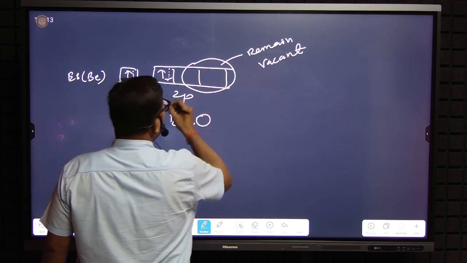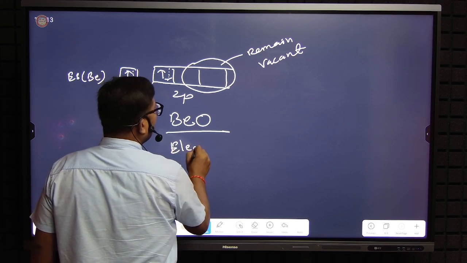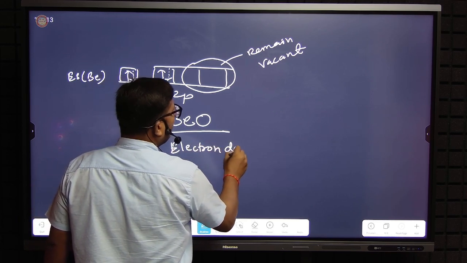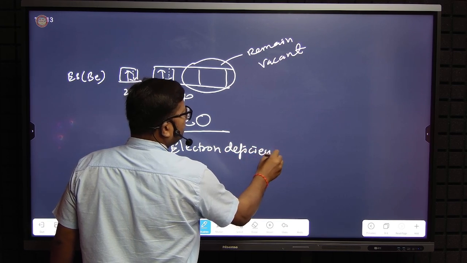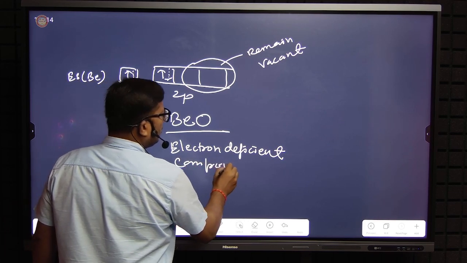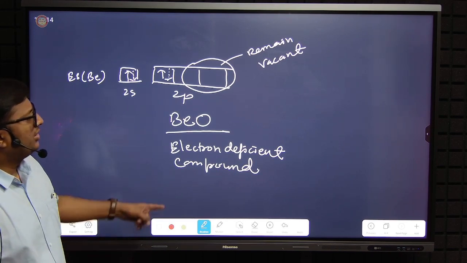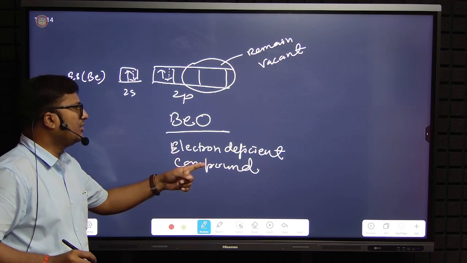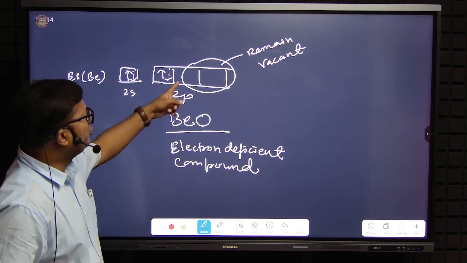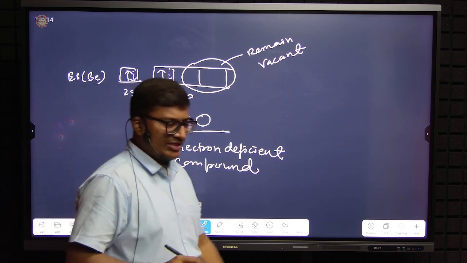So beryllium oxide is an electron deficient compound, and this electron deficiency arises due to the presence of two vacant orbitals.